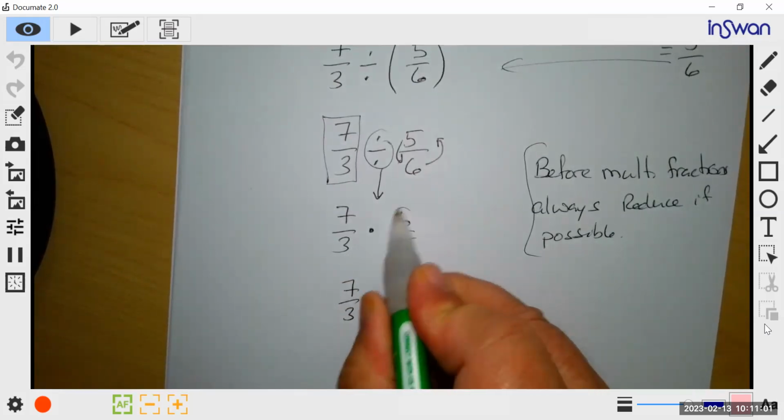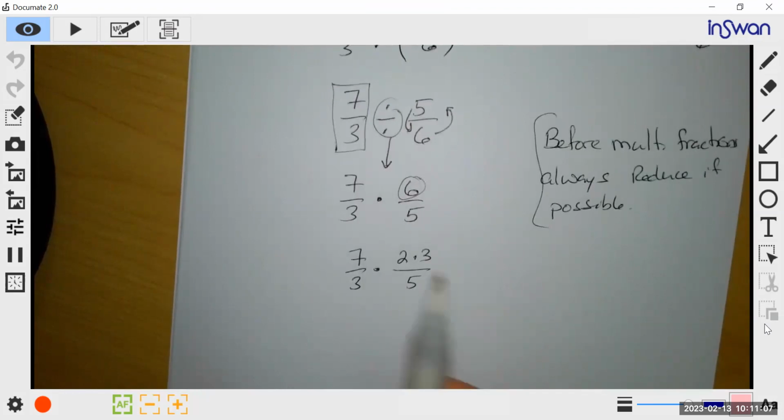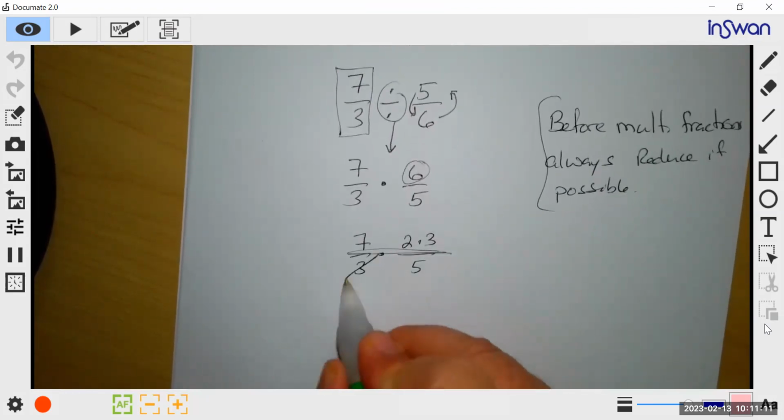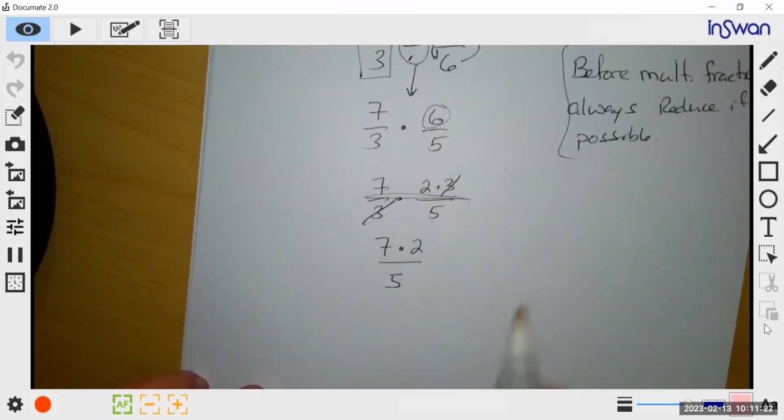7/3. 6 is made up of 2 times 3. So can anything on top cancel with anything on the bottom? The 3's. That leaves us with 7 times 2 on top and 5 on the bottom.